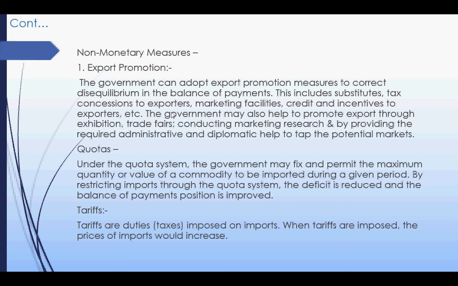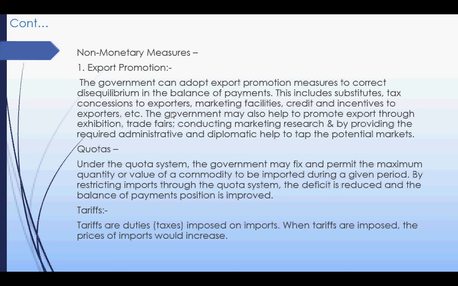Export promotion. Number one, the government can adopt export promotion measures to correct disequilibrium in the balance of payments. So this includes tax concessions to exporters. Market facilities would be provided for exporting goods from India.